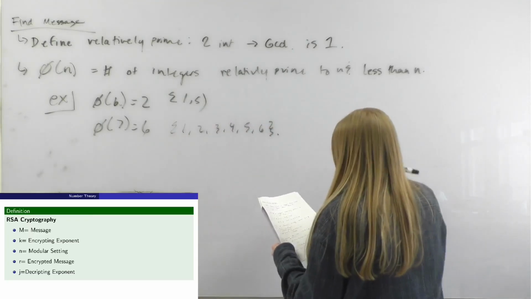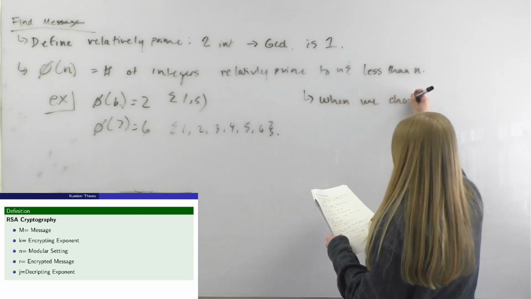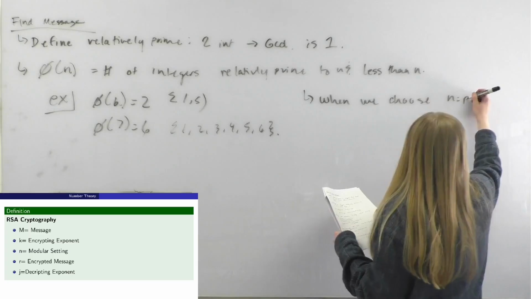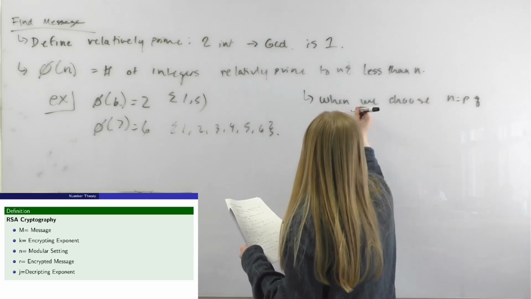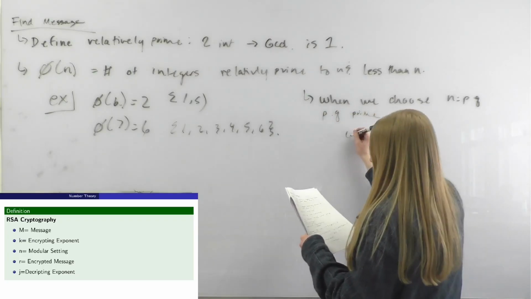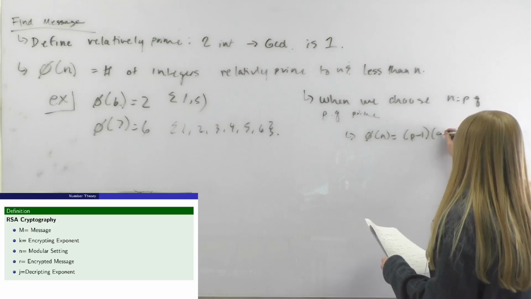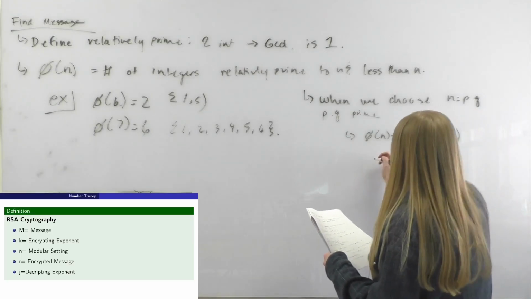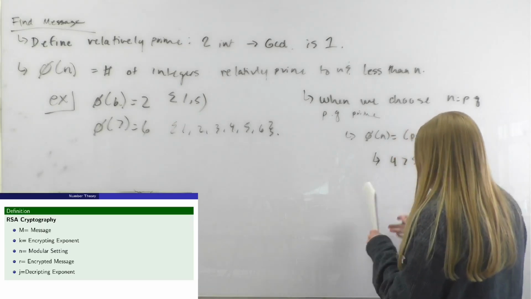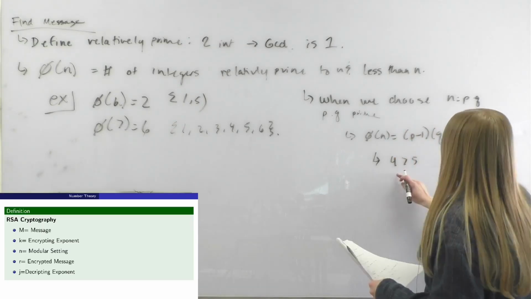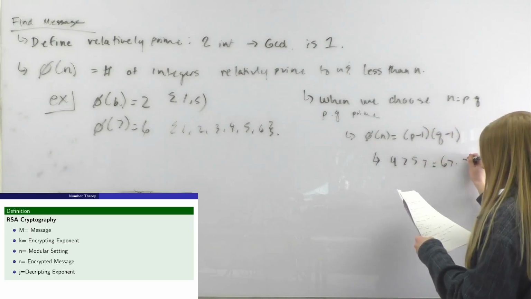Okay, so when we choose n to be p times q, where p and q are prime, we see that phi of n is equal to p minus 1 times q minus 1. And so in the case of our example, we have 4,757 is equal to 67 times 71.